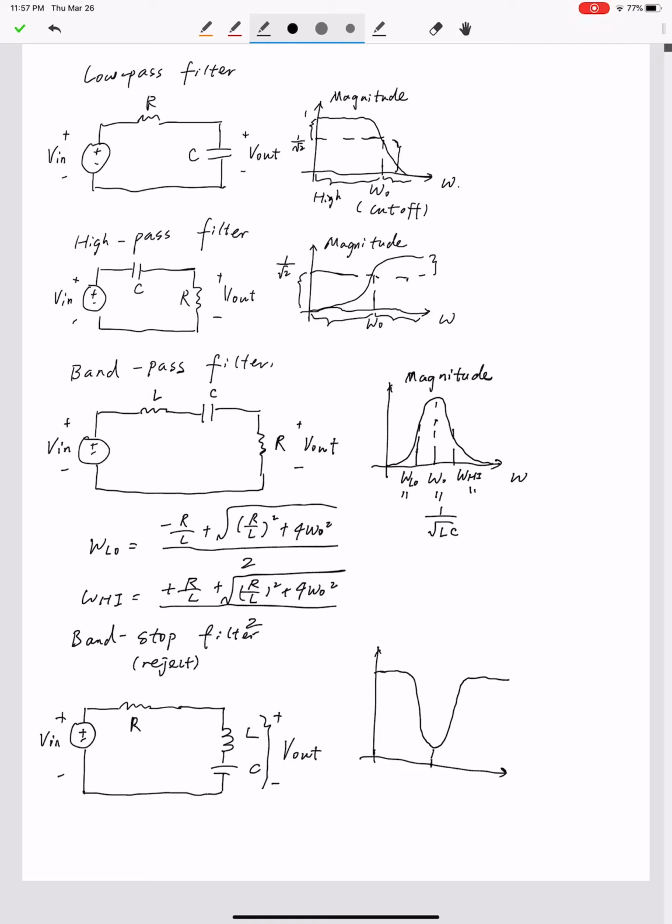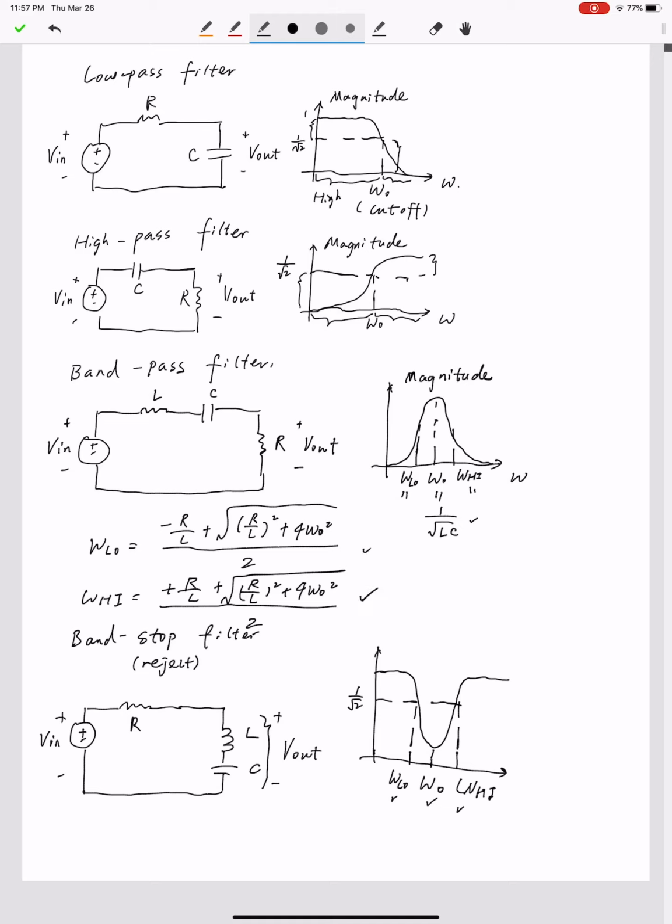And also we can define three variables: omega 0, low cutoff frequency, and high cutoff frequency, right? The expressions of these three variables are the same as before.